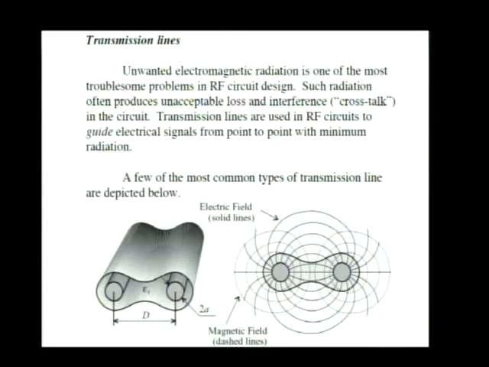Transmission lines are used to guide electrical signals from one point to another in an RF circuit or in any type of RF geometry, with the minimum of radiation and subsequent loss and crosstalk and so on.